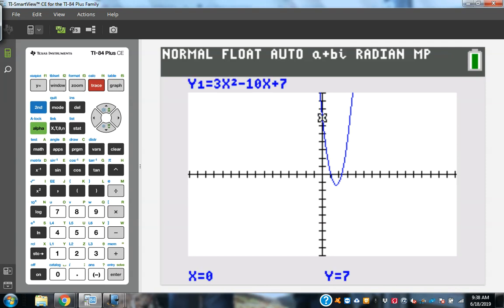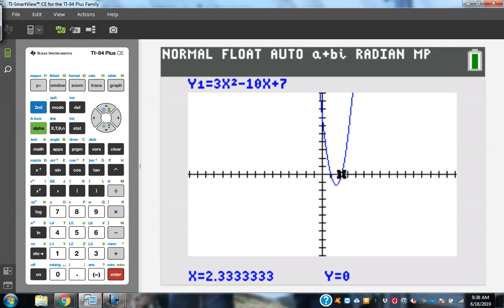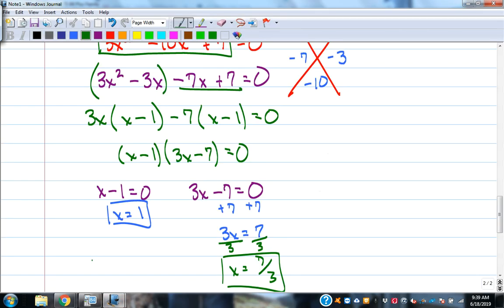If I hit trace at 1, there it is. And then I hit trace, 7 divided by 3. Hey, there it is. Perfect. We did a good job. That helps us. If it crosses the x-axis, we can do it that way. It's going to be helpful. If it'll factor, it'll cross the x-axis. It's never not going to. Okay. All right. So solving by factoring there.